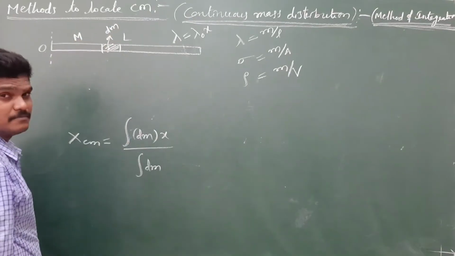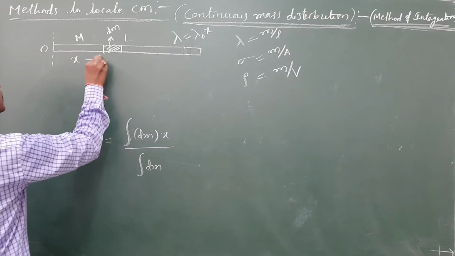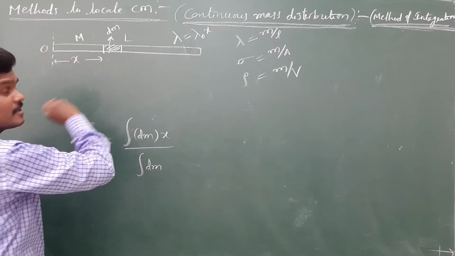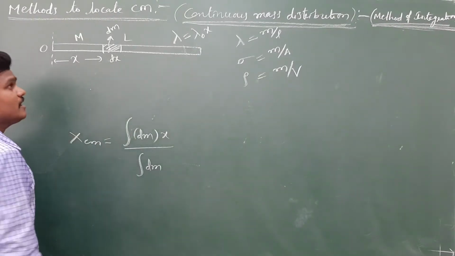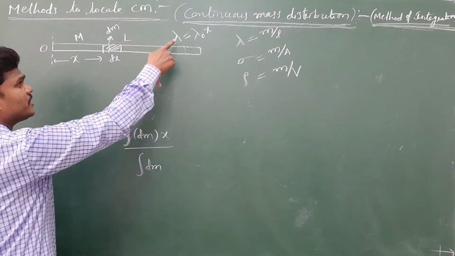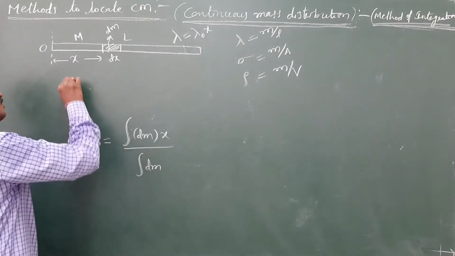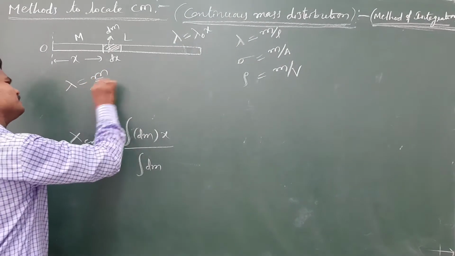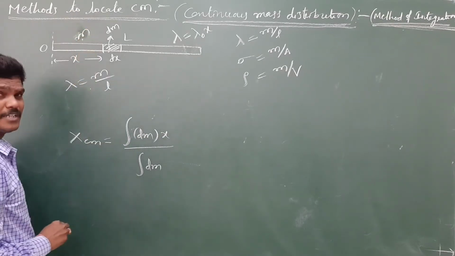Total mass is M, the small elemental mass is dm at a distance of x, and this small length is dx. Here lambda is given as lambda naught x.